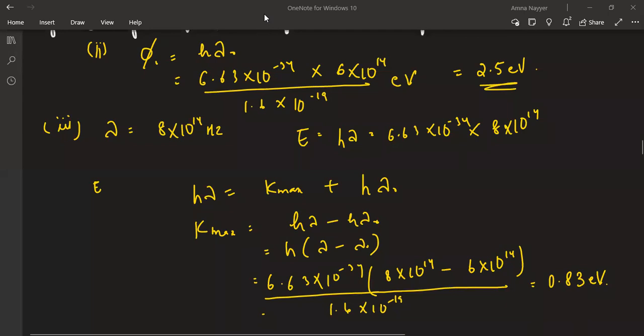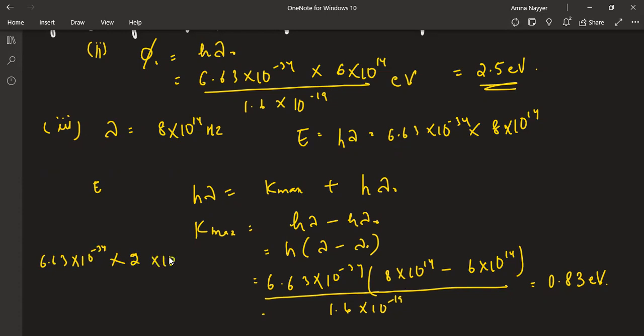Calculation in the last part. See, 8 minus 6, this will be 2. Here, this part, 6.63 into 10 to the power minus 34. And 8 minus 6 will be 2.